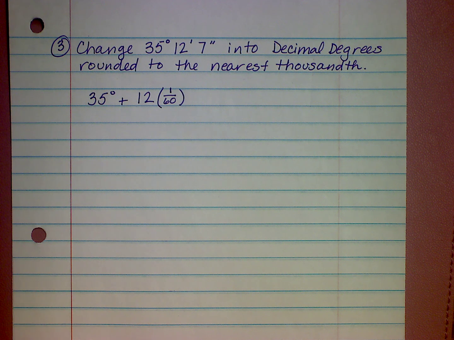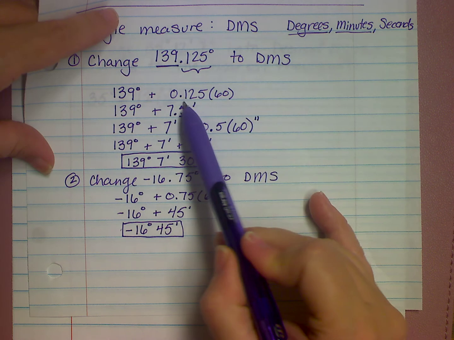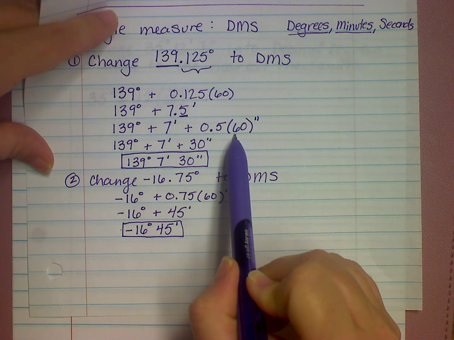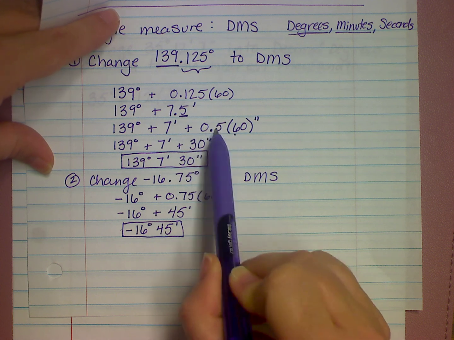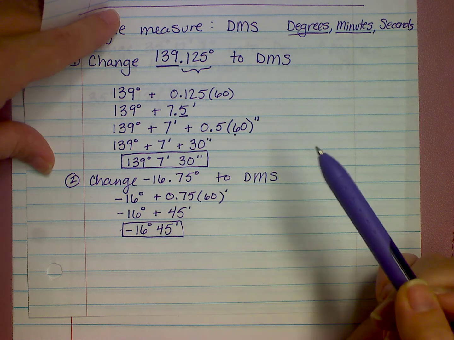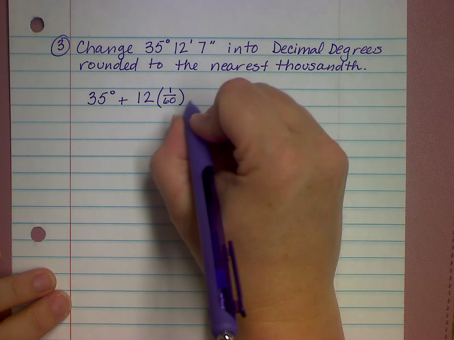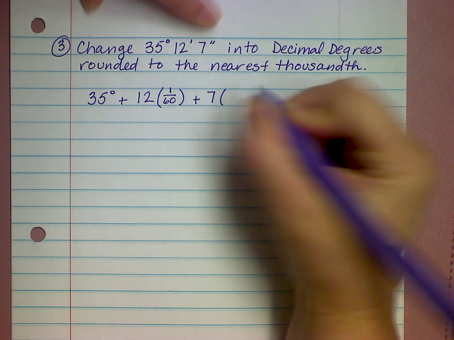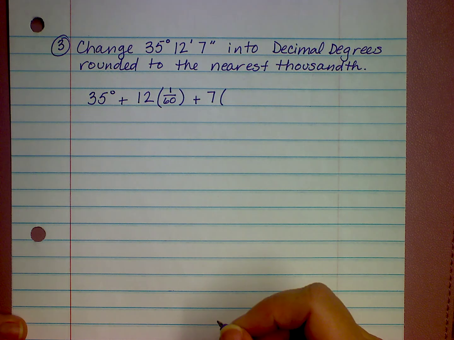But think about this for a minute. When I was going this way, I multiplied everything by 60, and then I multiplied by 60 again. So that second part of the decimal was actually times 60 times 60, wasn't it? It wasn't just times 60 once, it was times 60 twice. So my seconds, I have to divide by 60 times 60.